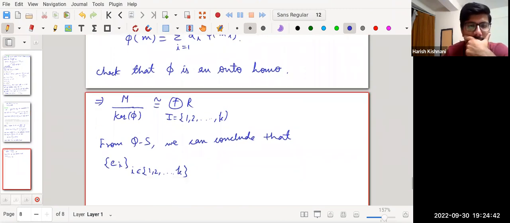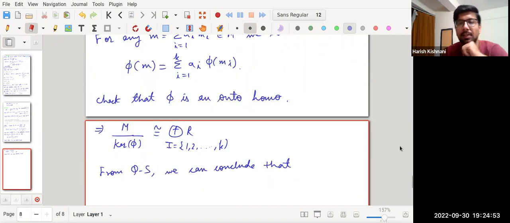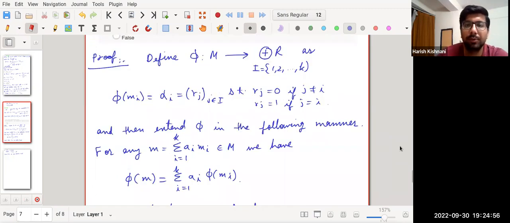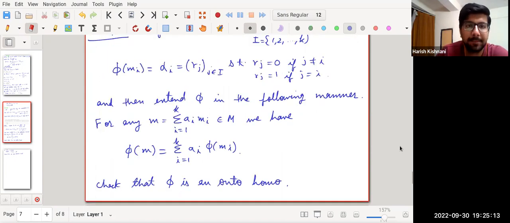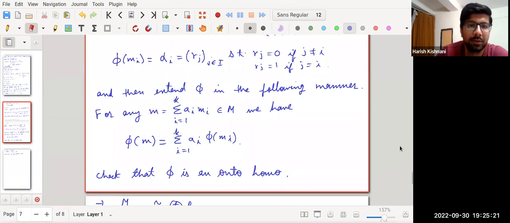Let me just think for a while. We define from M to R the following map, and then corresponding to which you can get this, no issues.